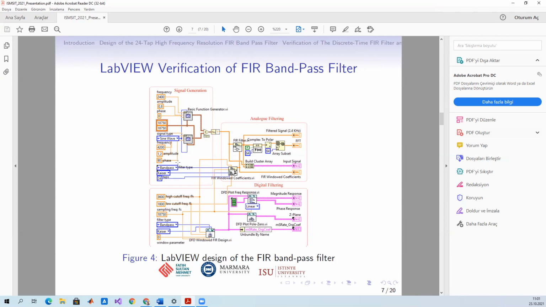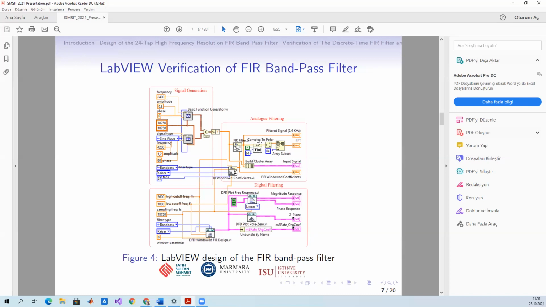We calculate the frequency spectrum of the filtered signal using FFT, the fast Fourier transform. FFT is an algorithm where mathematical operations are done very quickly. While calculating the spectrum of the signal, a discrete Fourier transform, DFT, is used in the LabVIEW program.